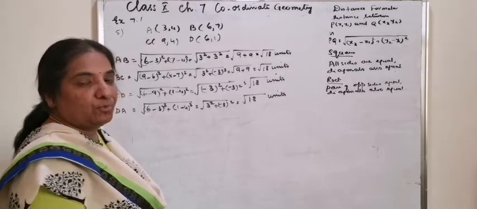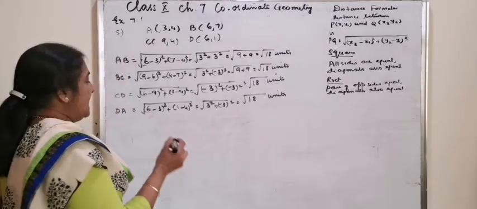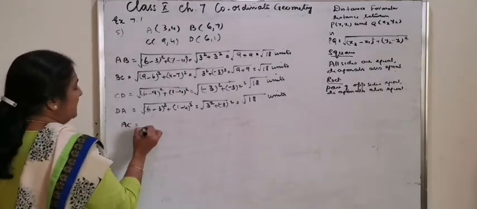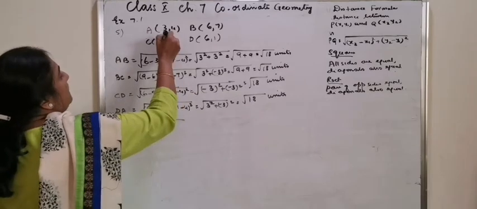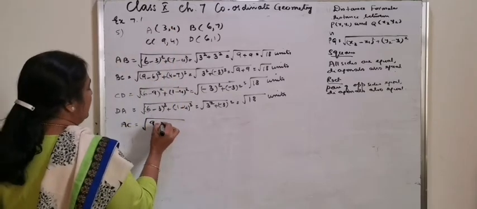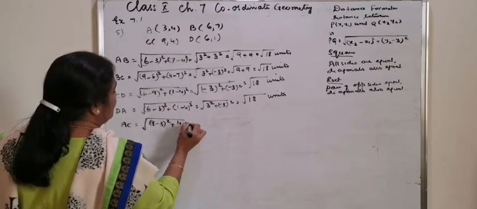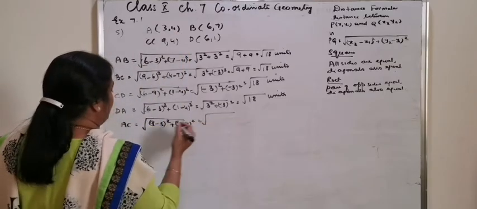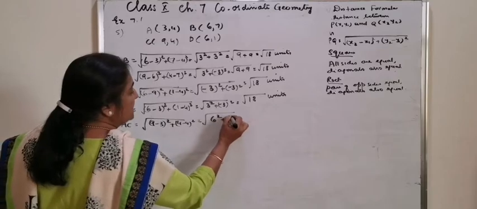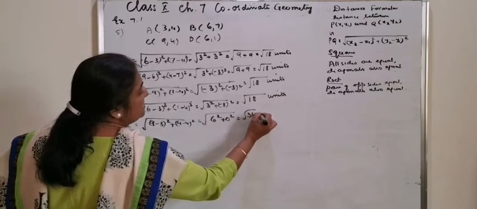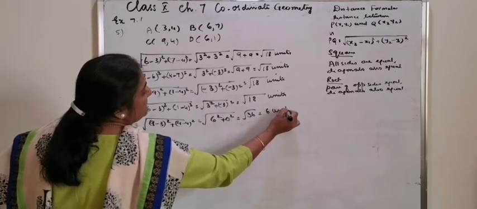Now let's prove the length of the diagonals AC and BD. Diagonal AC is equal to (9 minus 3) the whole square plus (4 minus 4) the whole square, square root of 6 square plus 0 square, root 36 is again 6 units.